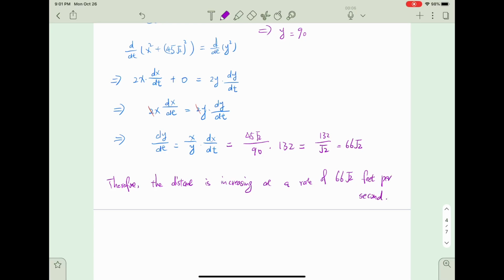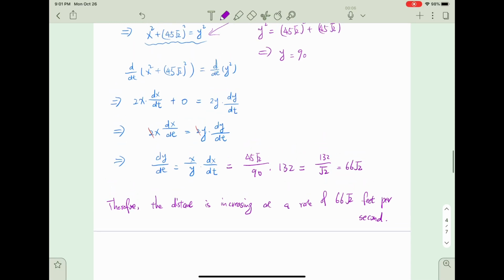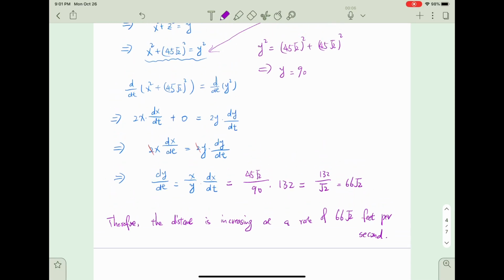Note that this conclusion is very important, because all we had was just a mathematical computation, just symbols, and we need to turn this information back into the information in our real life.